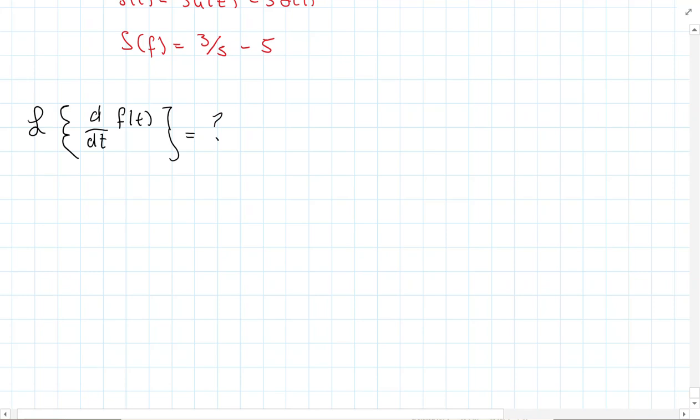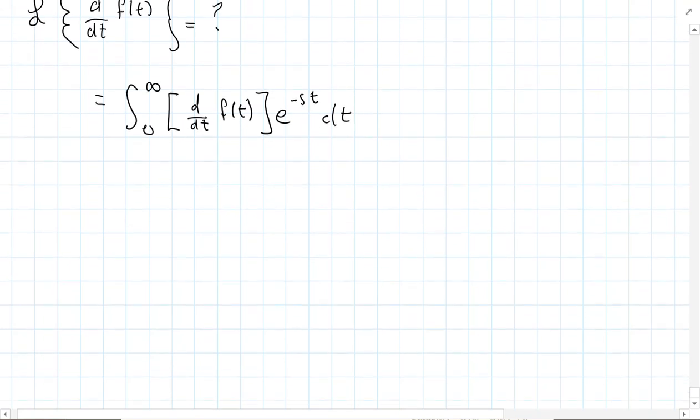What is that equal to? Well, it sounds a little weird, but we're going to do exactly what it's saying. We're going to do the integral from 0 to infinity of the derivative of f at t times e to the minus st, because that's just the definition of a Laplace transform.